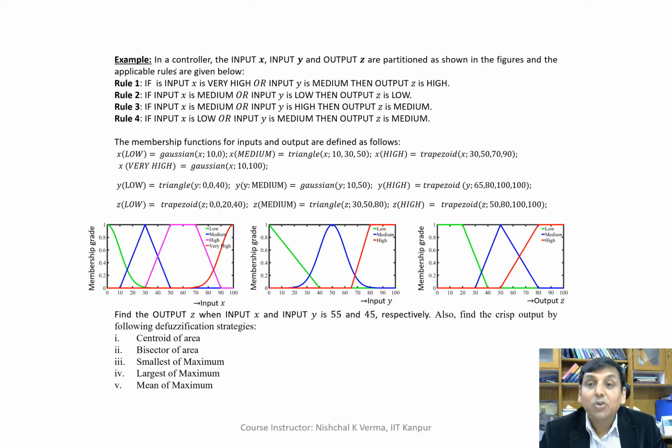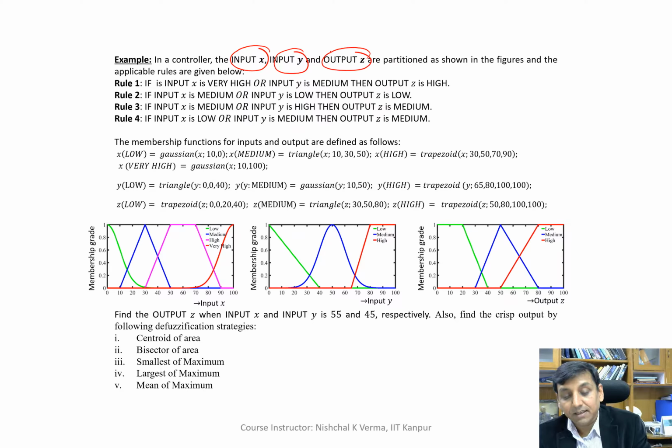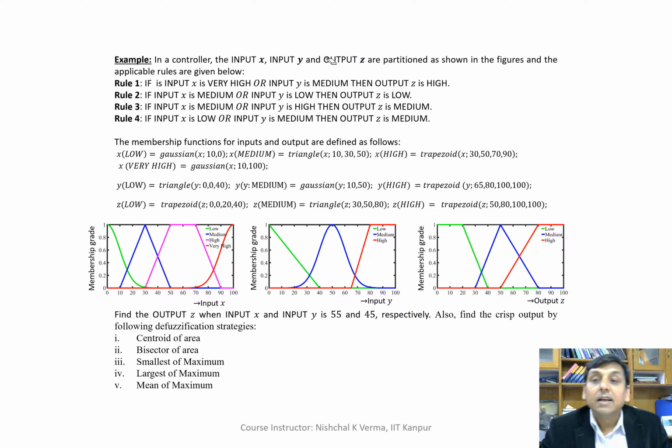In this controller, the input is X and another input is Y. So we have two inputs, X and Y, and corresponding to these two inputs, we have the output, which is Z. These inputs X, Y and output Z are partitioned as shown in the figures here.